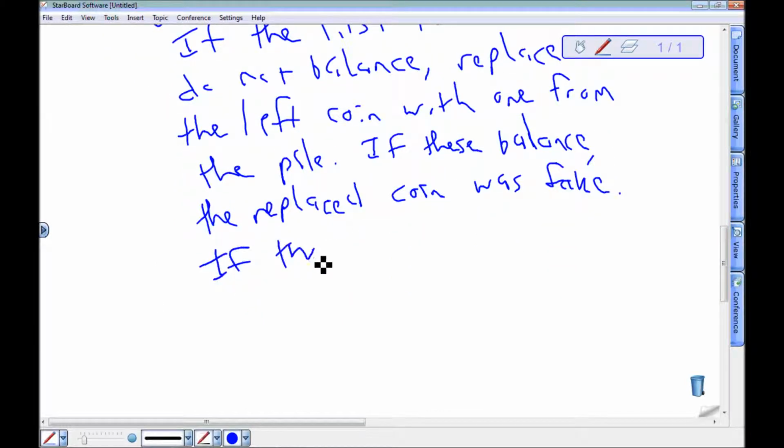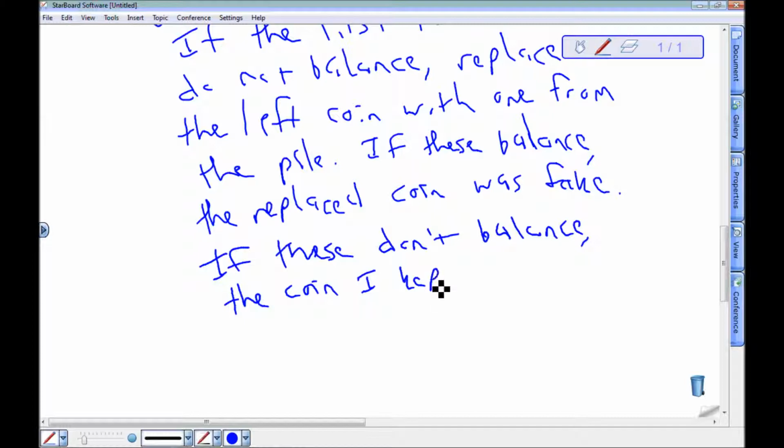If these don't balance, the coin I kept on the scale is fake, right? That's the fake one because it didn't balance with two of them, which means that it's the fake one.